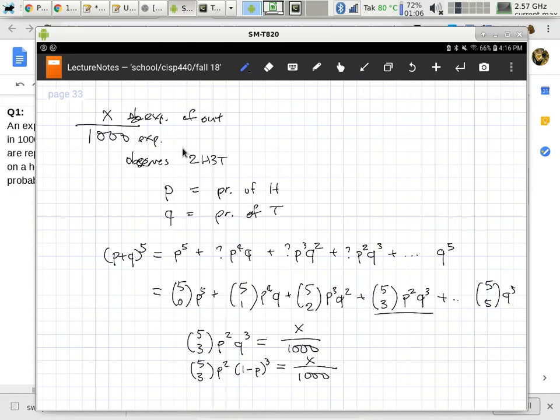So we are not spending the time to solve this particular equation, but instead we have to establish the relationship between P and X.